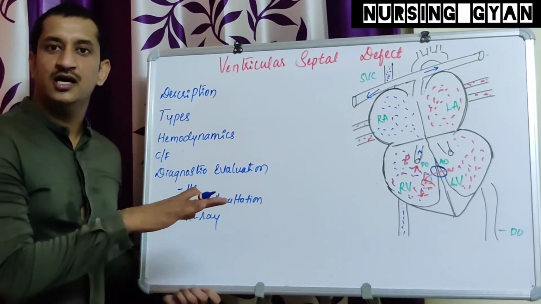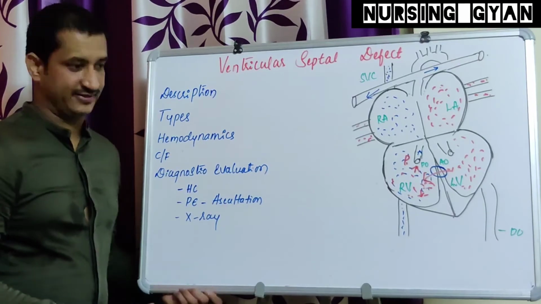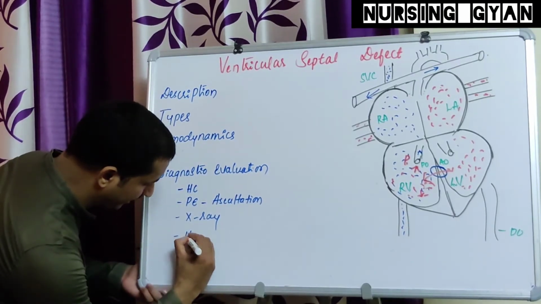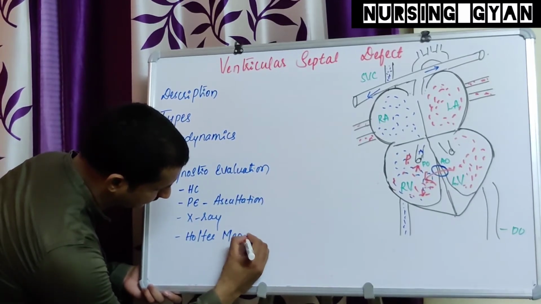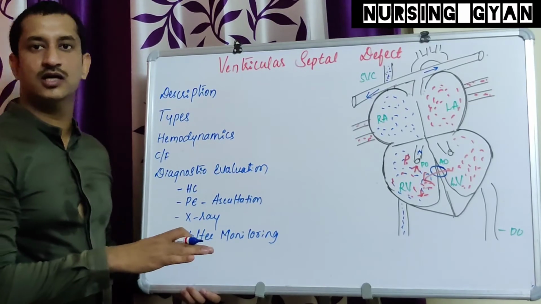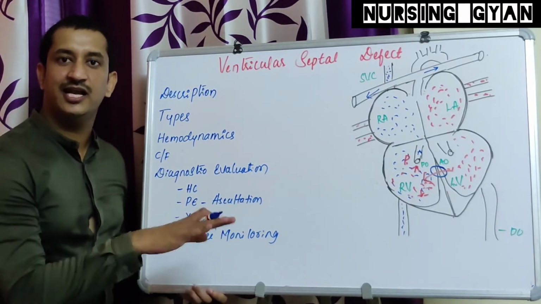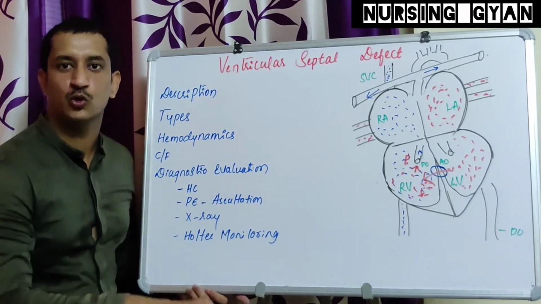X-ray shows the heart's size and pulmonary flow patterns. Next one is Holter monitoring. Holter monitoring usually records the electrical activity of the heart throughout a day.